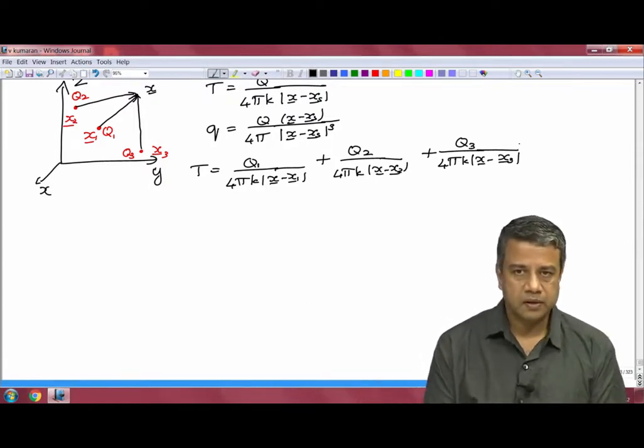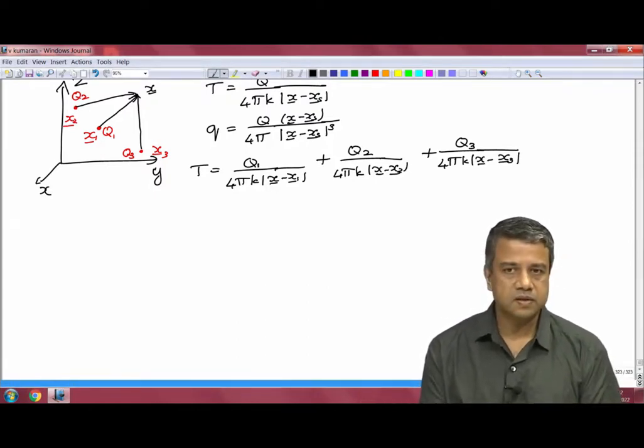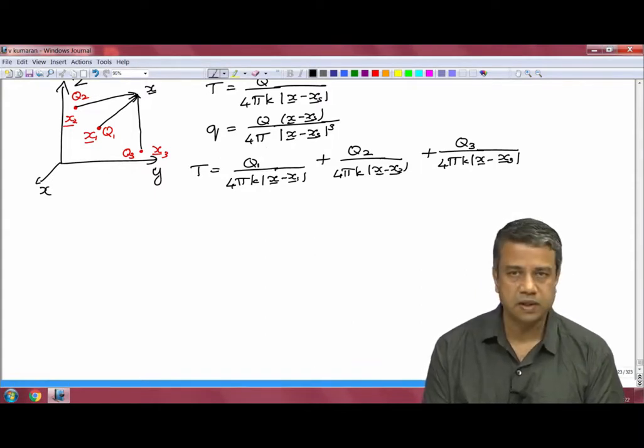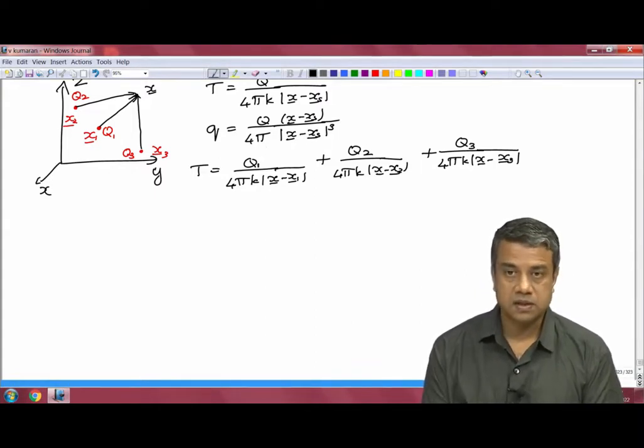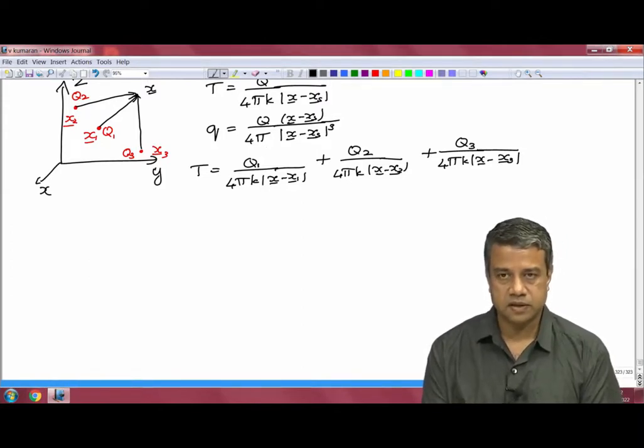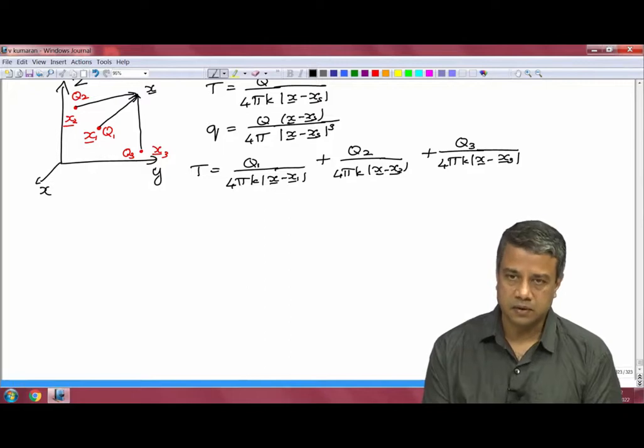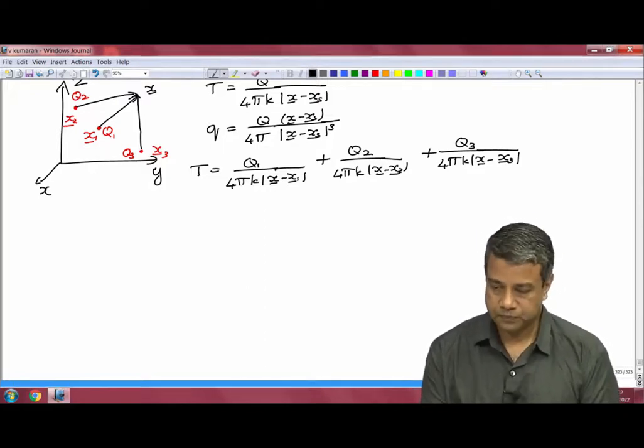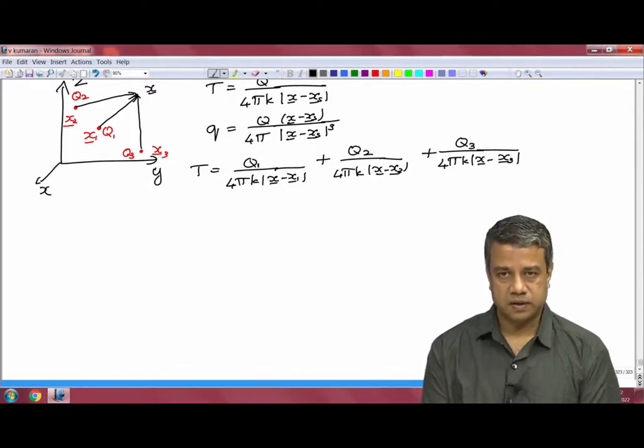An important point to note here is that the presence of these sources is not introducing any boundary in the flow, because these sources are of infinitesimal diameter. Therefore, I can just add up the point sources. That is the advantage of having a delta function source.